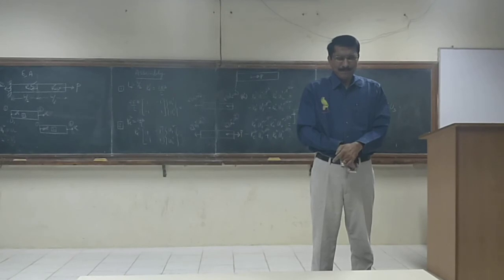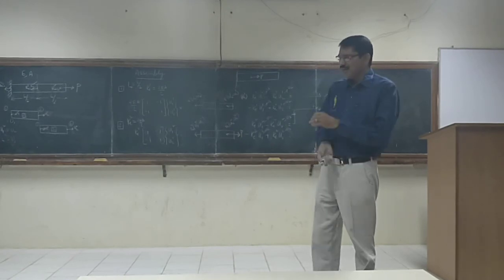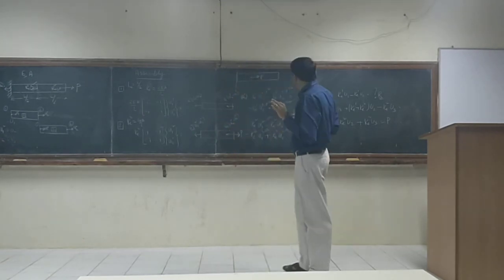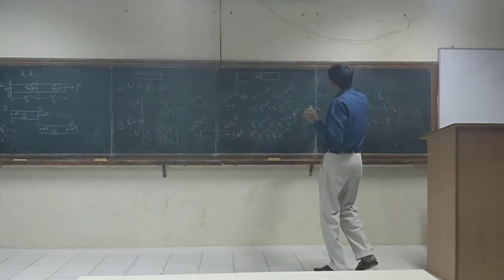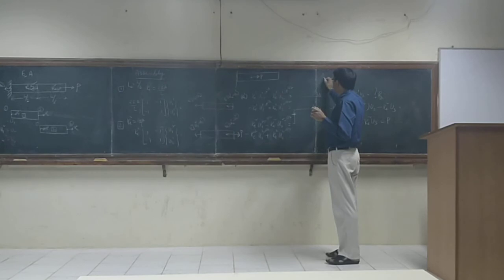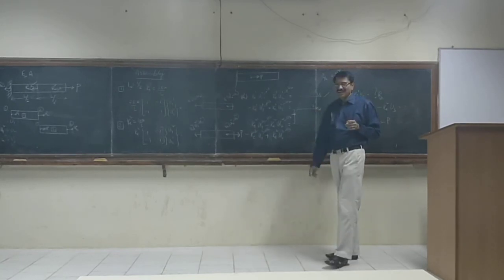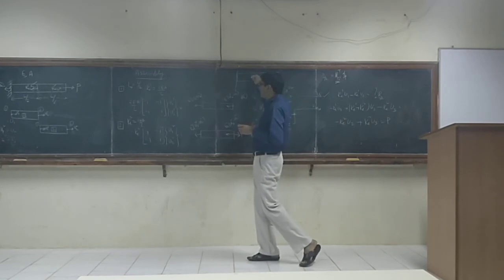Any idea? What is the load vector due to a point load? RPE. Look at the expression in your previous class notes. RPE is N transpose at P times FP. What is N at P?